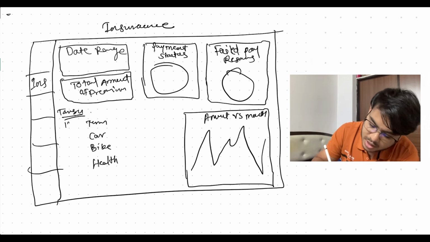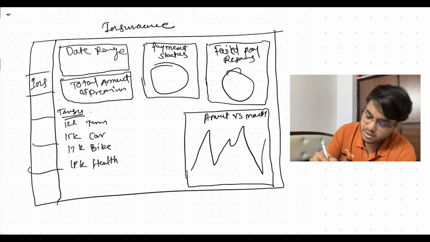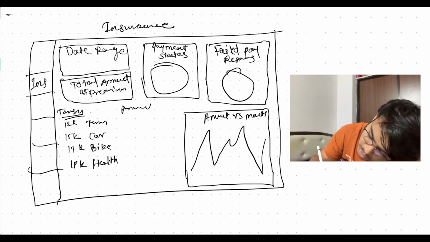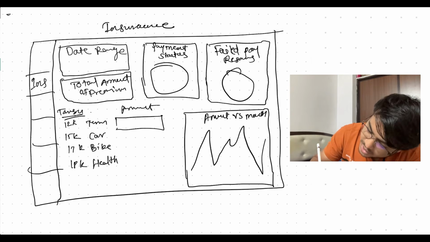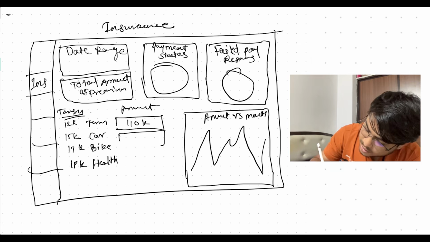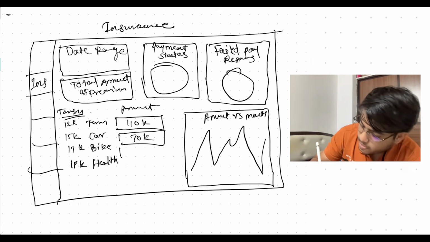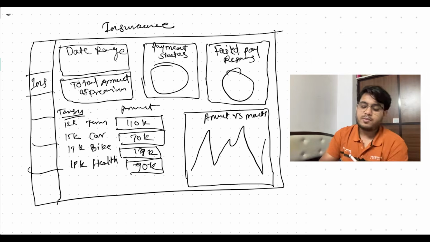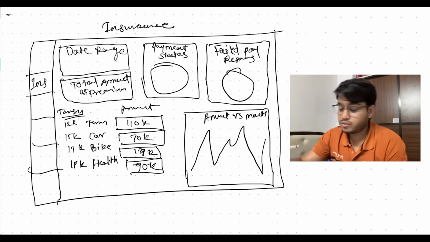Let's say here 12k transactions are there, here 15k, here 70k, here 18k. And here we'll mention amount. The amount can be anything, let's say 110k, here 70k, here 128k, something 90k. So this will be our second page where we are going to work.